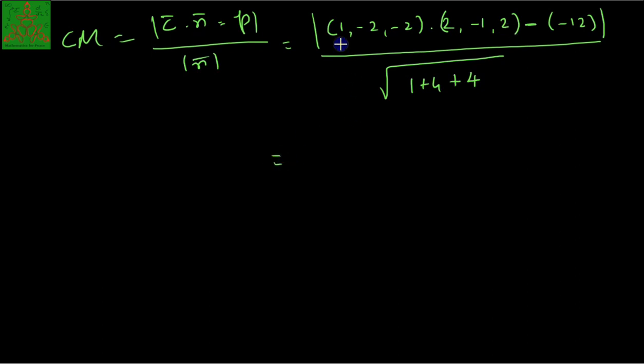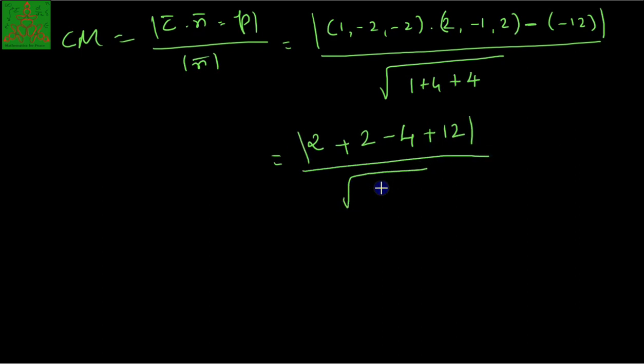If you simplify, this is 2 plus 2 minus 4 plus 12, and the mode of this upon square root of 9, which is 3. Simplifying, 4 will cancel out, so it is 12 upon 3, which will give you 4.